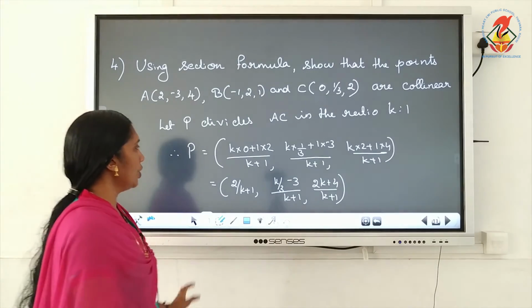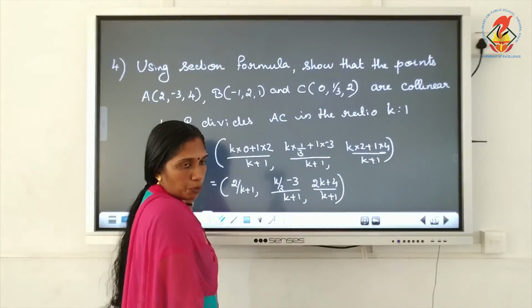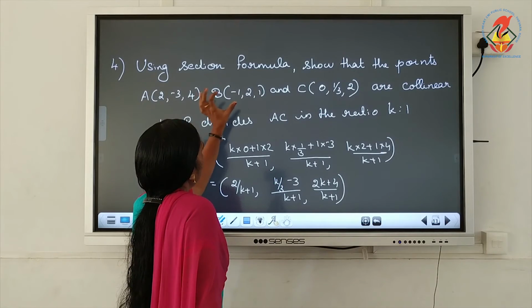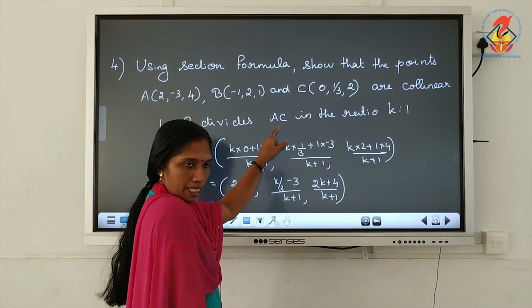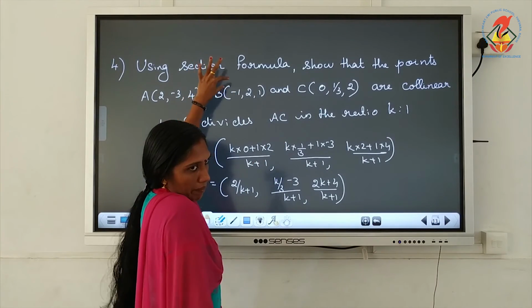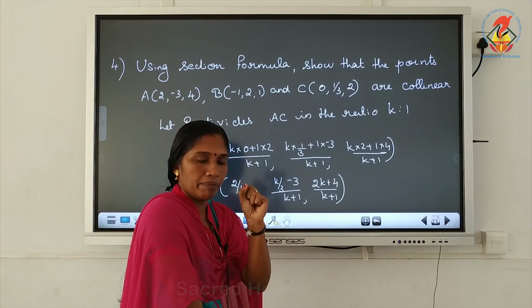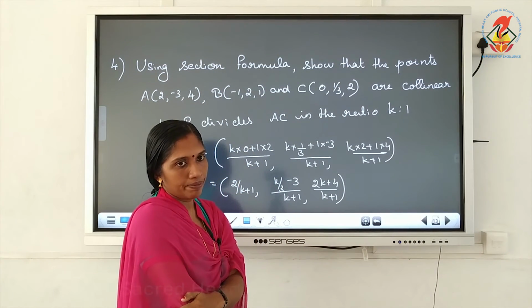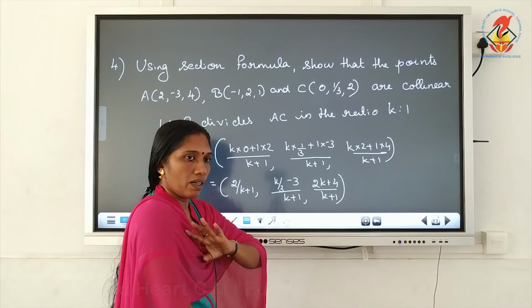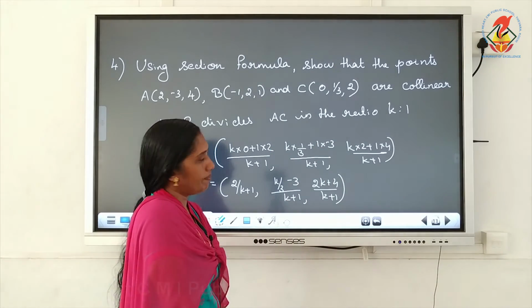Now what we do is, we have to prove this P and B. First I took A and C, so the point left is B. So I have to prove this P and B are the same, that they coincide. Then we can say that all these are on the same line.